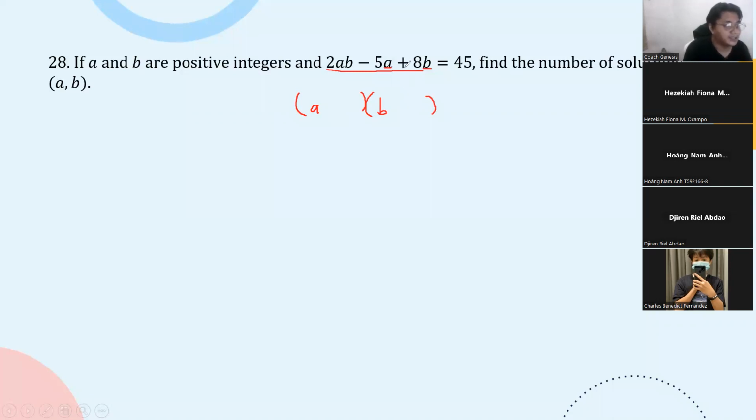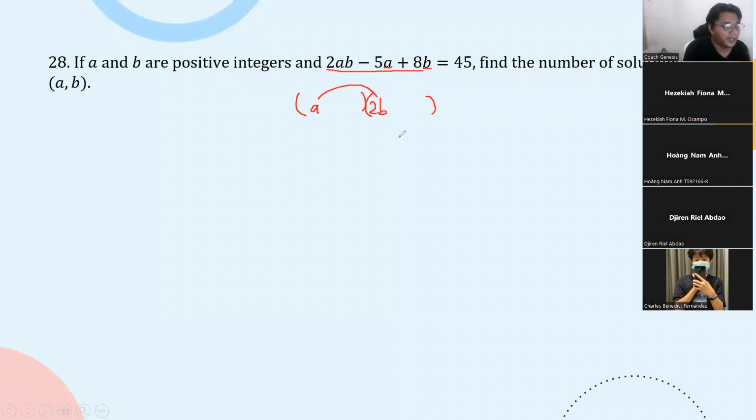So let's try to assess the coefficients of A and B. So we have here -5 and we have here 8. So which of these two is even? So -5 and 8. So of course, the even one is 8. So that means that 2 will be here with B. Now the next thing here is how do you get -5A?